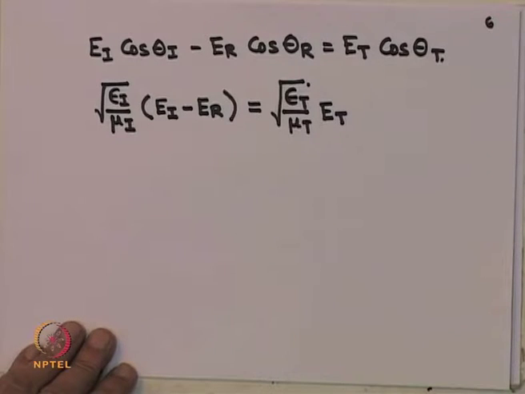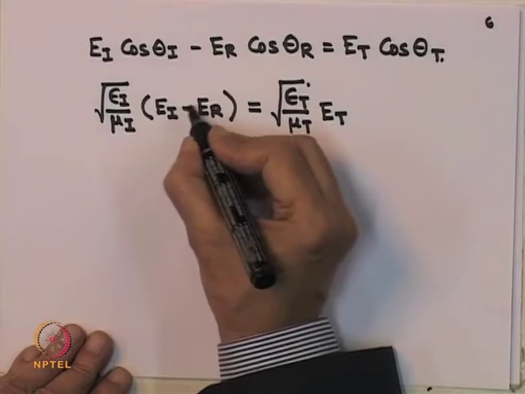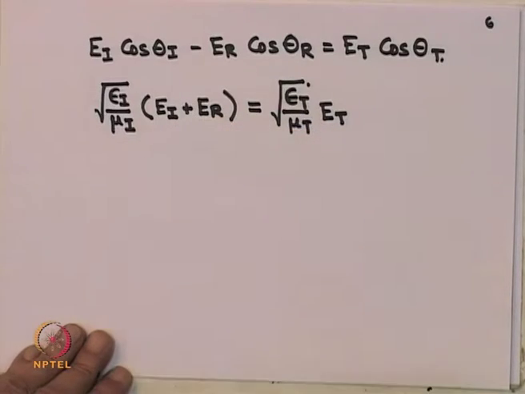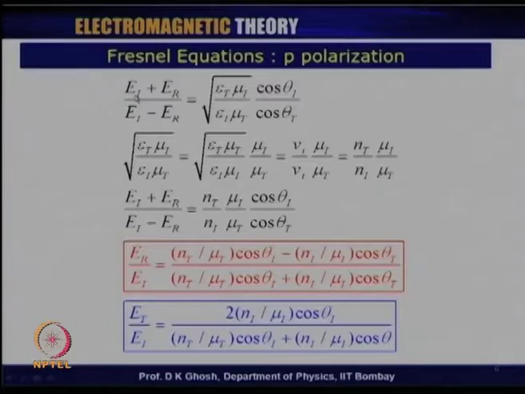So, you just divide one by the other. This equation should have been a plus because I had H I plus this. So, just divide one of the equations by the other, and you find that there is a whole sort of algebra on the screen. So, I got E I plus E R divided by E I minus E R, just divide one by the other and work out the algebra.